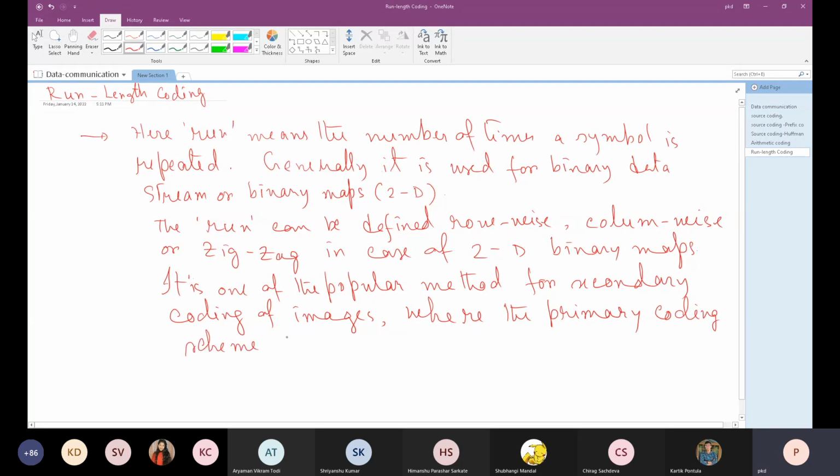Generally, for images, the primary coding scheme is a lossy coding, which is followed by run length coding.